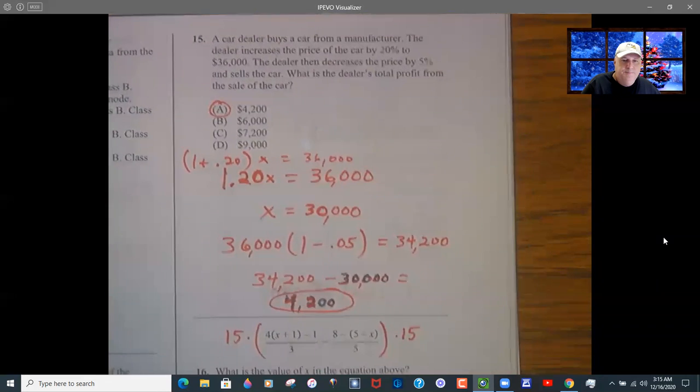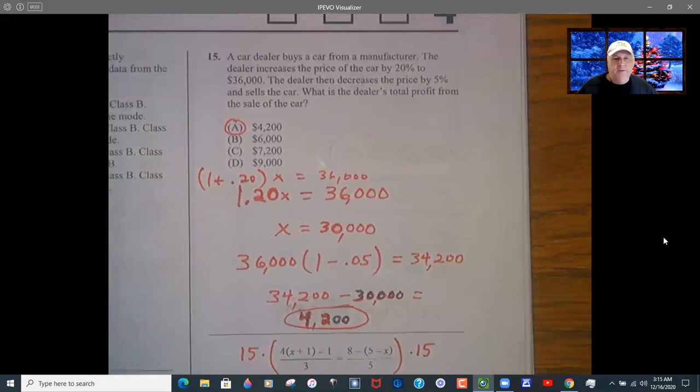Problem 15. This is a nice challenge, dealing with % increase, % decrease, and then finding the difference. So we have some number that we took 120% increase on to get to $36,000. What was that number?